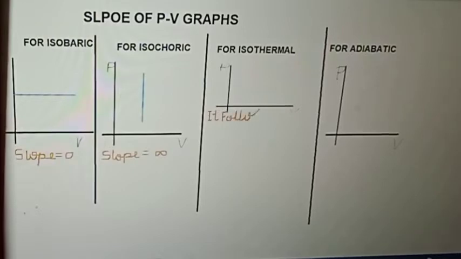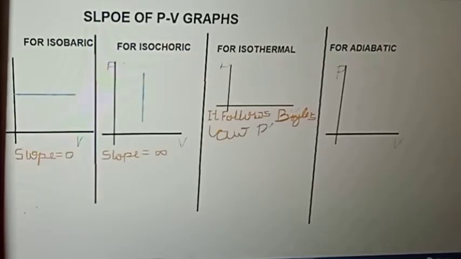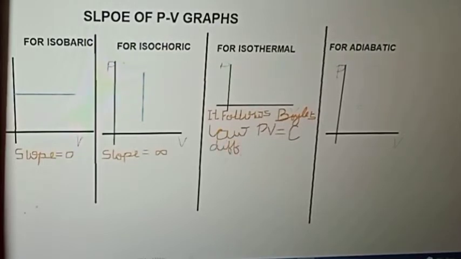But for isothermal you can see it follows Boyle's law, PV equal to constant. So now we will differentiate this. In order to find the slope we require to differentiate it. Now there are two variables, P and V. We can't say that P is constant or V is constant, both are variables.